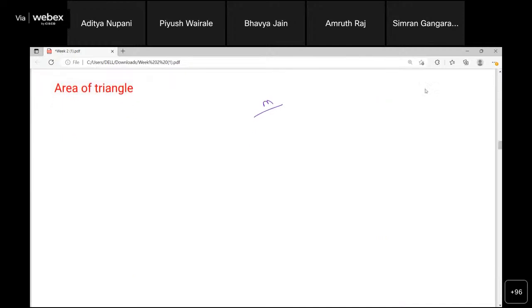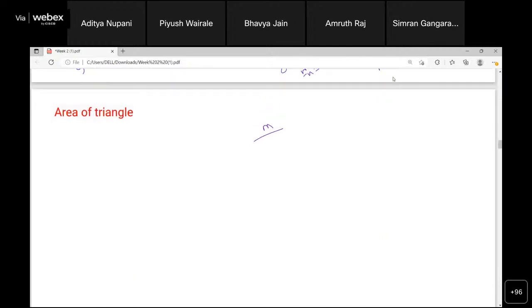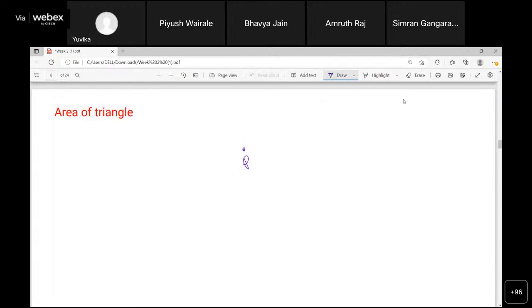Okay. Now this is the area of a triangle that we are discussing. If 3 points are not collinear, like we have just seen right now. In geometry, we have conditions like if the line is divided internally, it is plus, and if it is dividing externally, then it will be minus, like x2 m into y2 minus n into y1.